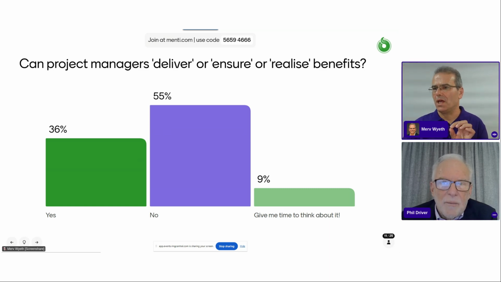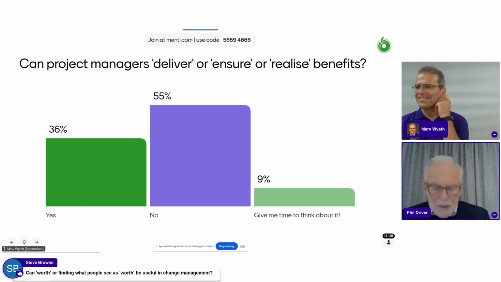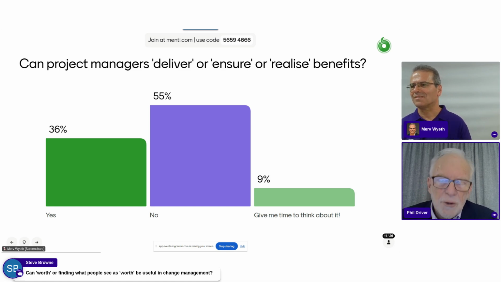Just before that, Phil, we can go back. There is one question in the Q&A, and I'll highlight it on the screen. It's from Steve: can worth, or finding what people see as worth, be useful in change management? Yes. And I will come on to a quick discussion of success shortly.